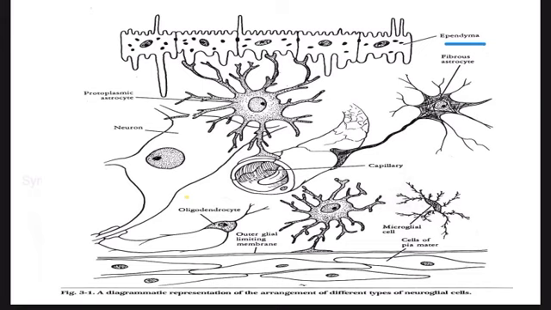So that's why it's next to it here. It will regulate what goes inside and what goes outside. That's why it's next to the vessel and next to the neuron, because it will transfer the information to it.